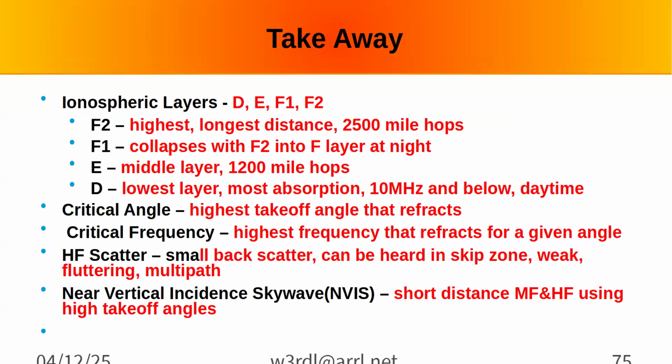HF scatter is some back scatter and forward scatter that allows you to pick up a signal in the skip zone where you normally would not have it. And that's in the E layer where you're getting that scattering.